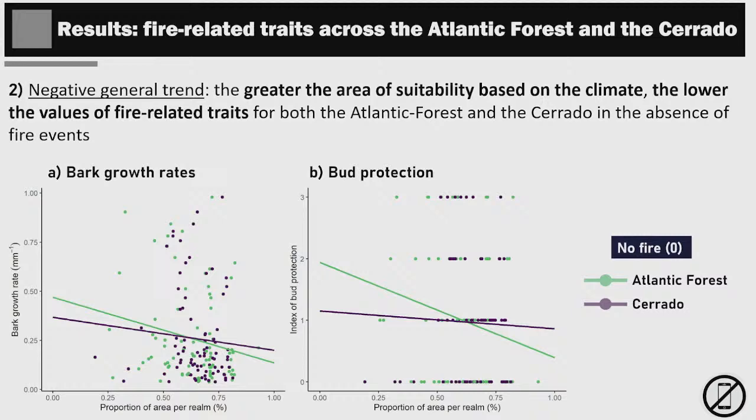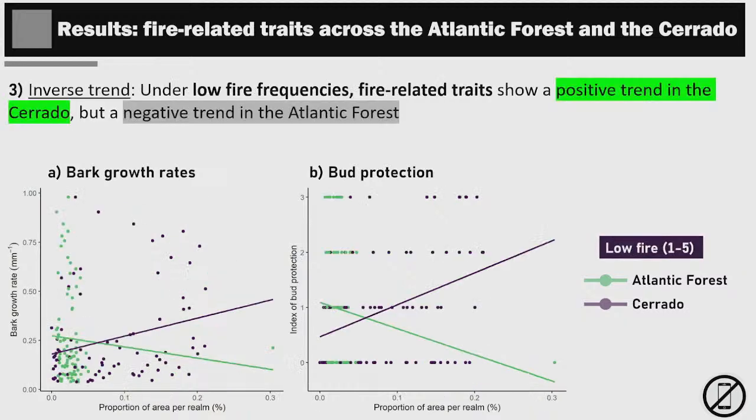But from the point that we start considering areas that have fire disturbance, an inverse trend is observed. So in areas from the Cerrado, bark growth rate shows a greater value as the proportion of the realm burns, and the same occurs for bud protection, but the inverse occurs for the Atlantic rainforest, which is a mainly fire-free vegetation type. So bark growth rate and bud protection have lower values and are less important in these areas.